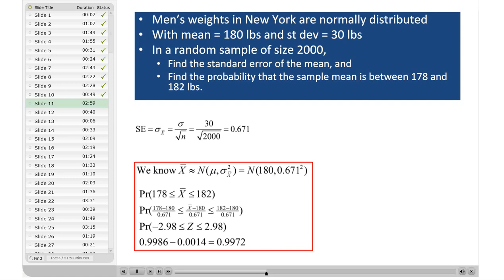I mean, if you wanted to estimate the average weight of men in New York and you knew that you were going to be within 2 pounds of the right answer with your estimate, you'd be really happy with that, because 2 pounds is not really that big of a weight difference. So if you can estimate the average weight within a couple pounds margin of error, then you're really happy to do that. So this is a very nice result.